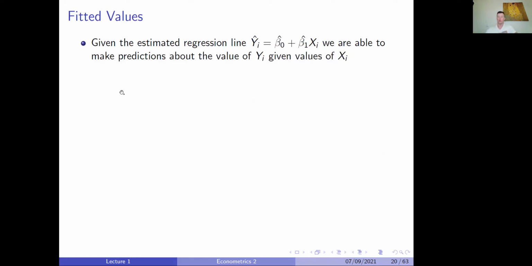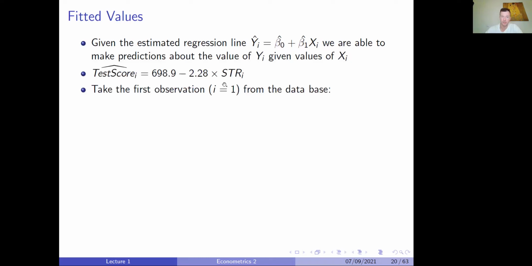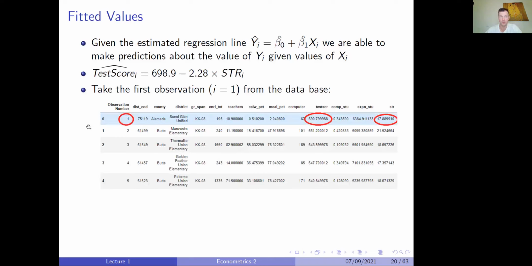So now, going to the fitted values. What are the fitted values? If you have an estimated regression line, y hat equals beta 0 hat plus beta 1 hat x, we are able to make predictions about y given values of x. So for our expression, if we take the first observation from the data, here we have the first line, for the first district we have a student-teacher ratio of 17.89, let's say, and here we have the observed value of the test score.